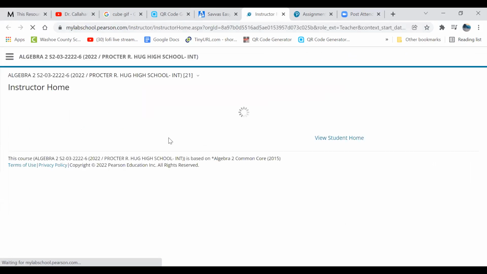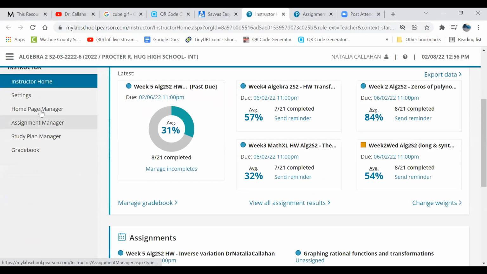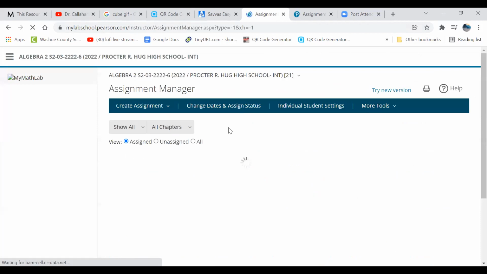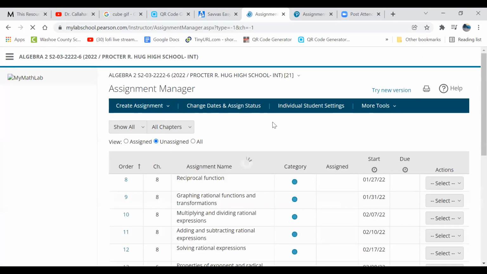Keep in mind that your Math Excel and also your assessment on Math Excel weigh pretty heavily with your grade. Then I'm going to go to my assignment manager and go to the unassigned.